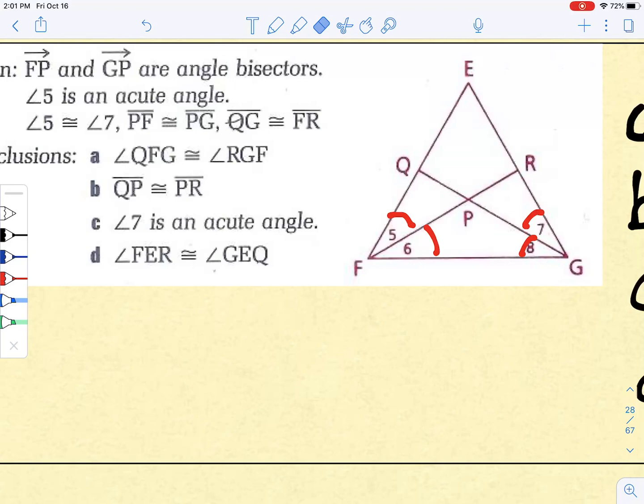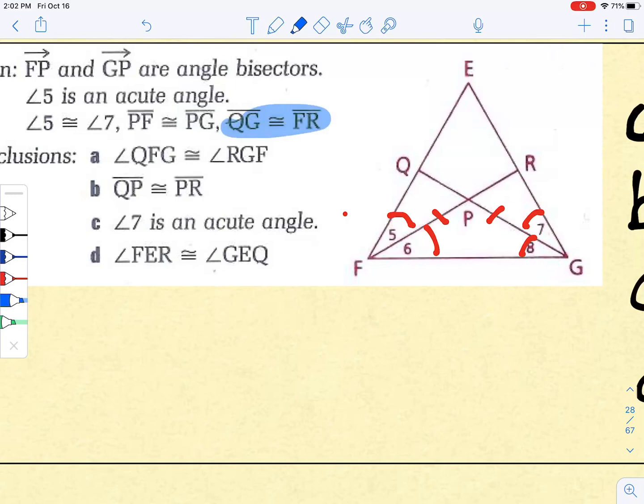PF is congruent to PG. So P to F and P to G are congruent. And Q to G. So that long distance there is the same as that long distance here. Hard to mark that one on the diagram because those are overlapping pieces.